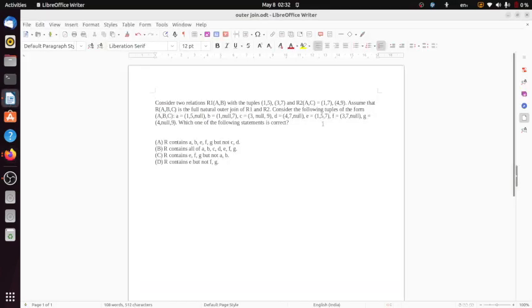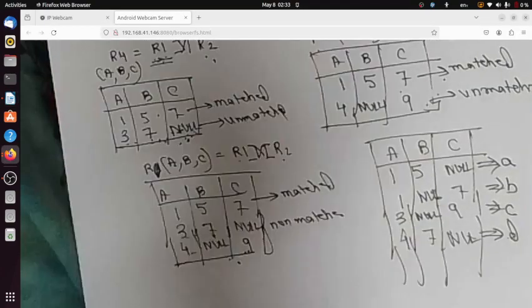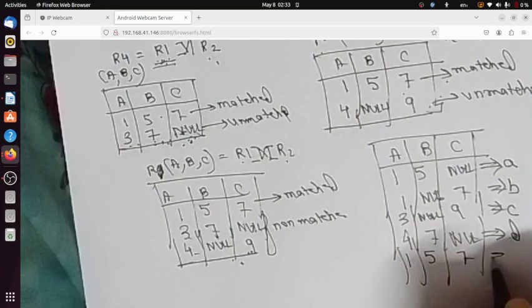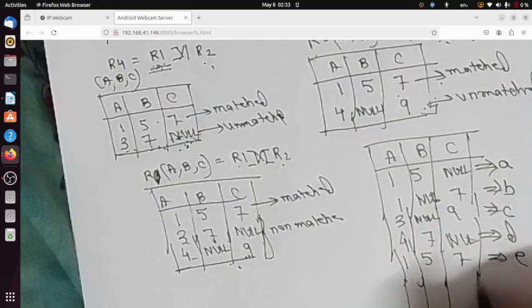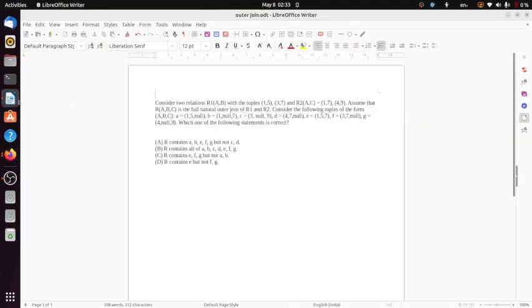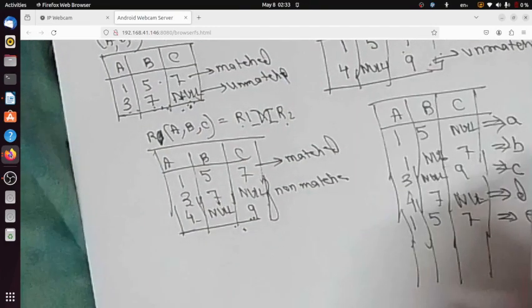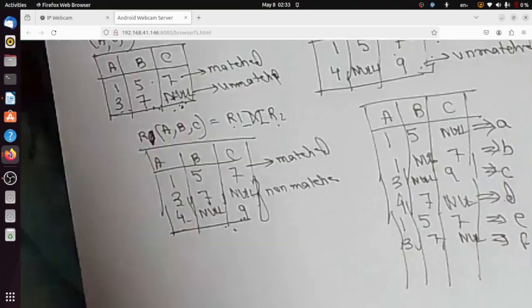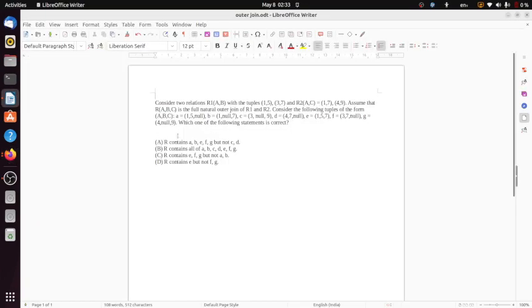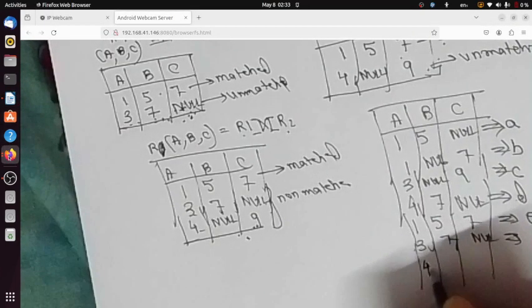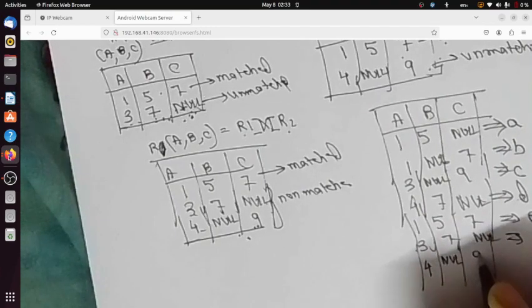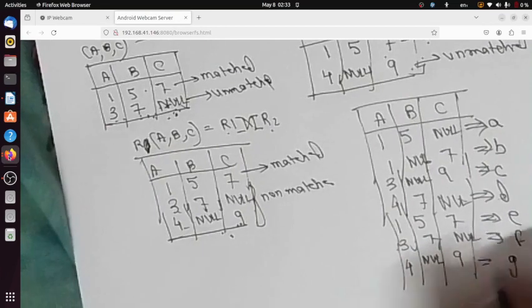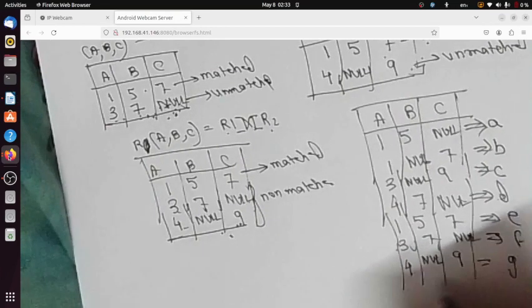Then E: 1, 5, 7. Then there is another record F: 3, 7, null. And another is G equals 4, null, 9. So these tuples are given in the question.